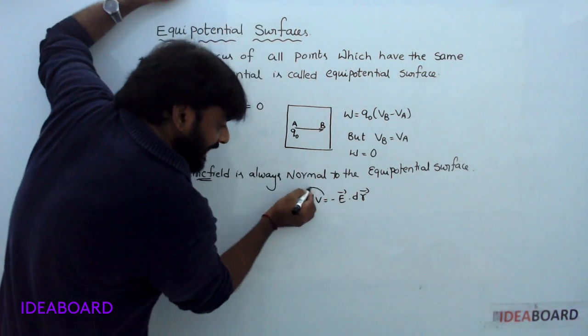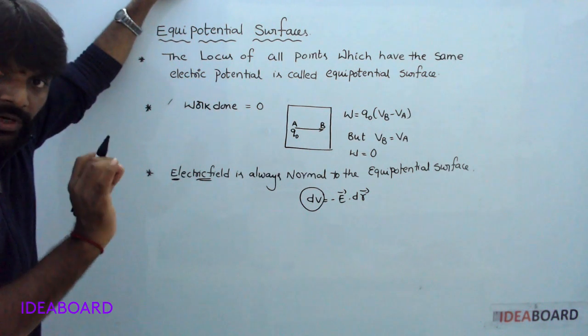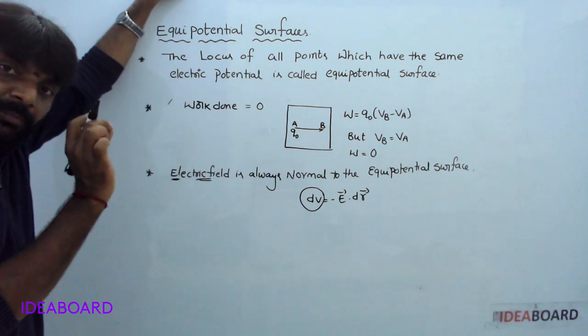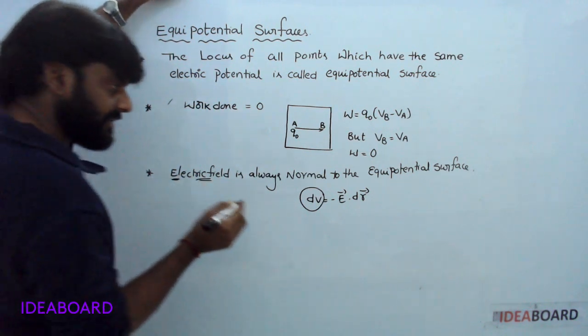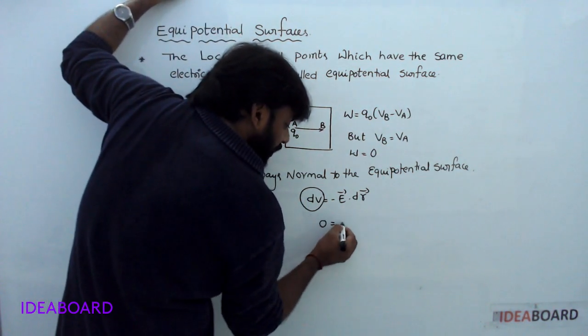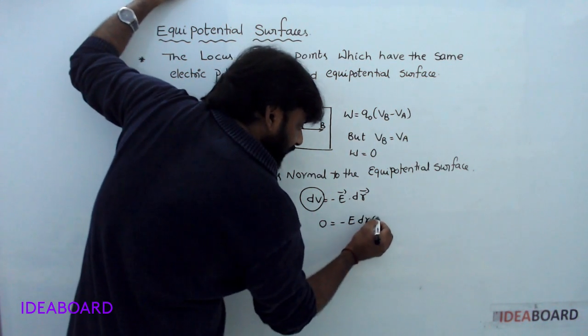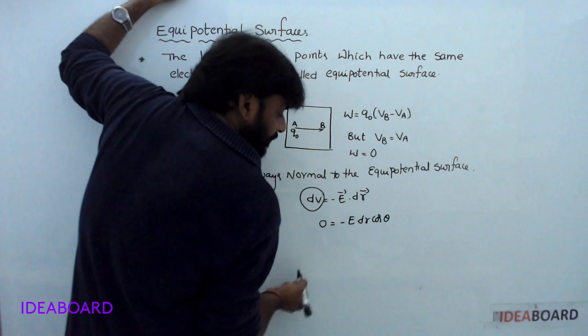What about the potential difference on an equipotential surface? It is 0, because of the same potential. So 0 is equal to minus E dr cos theta.